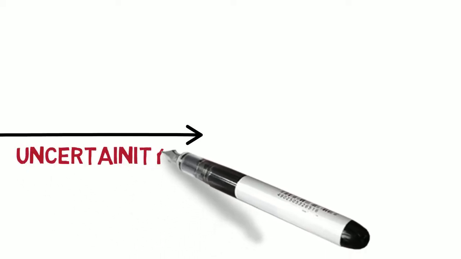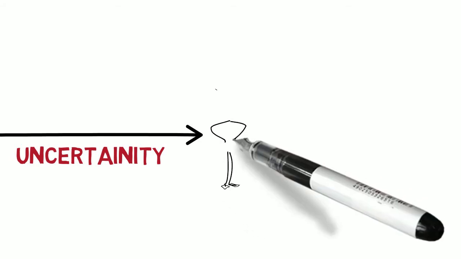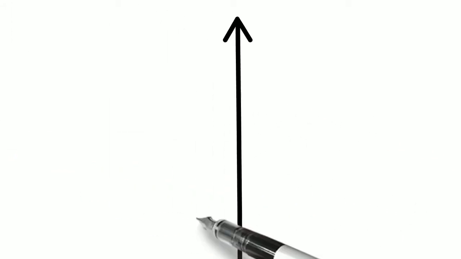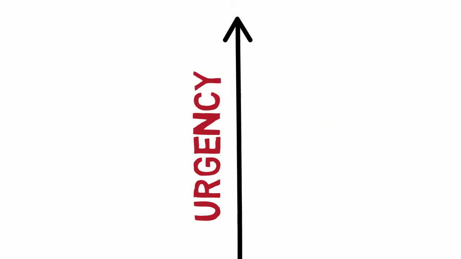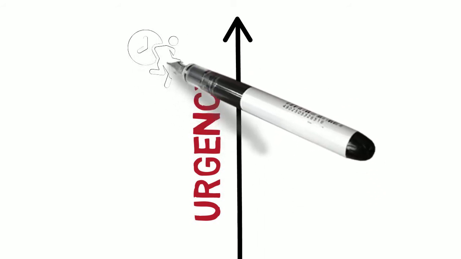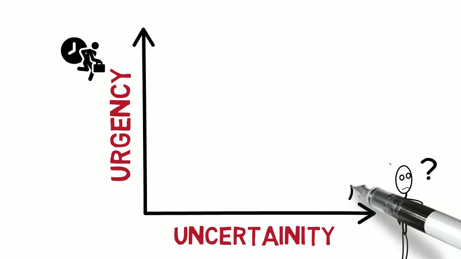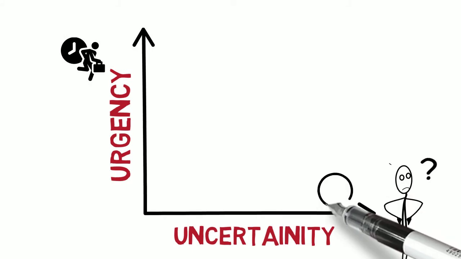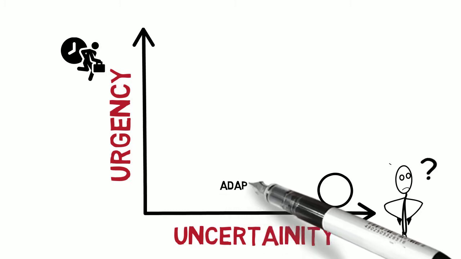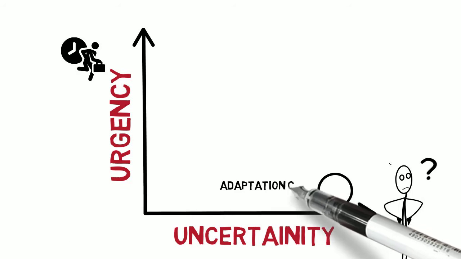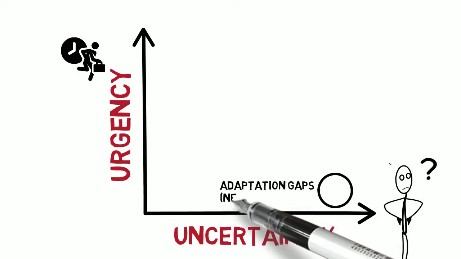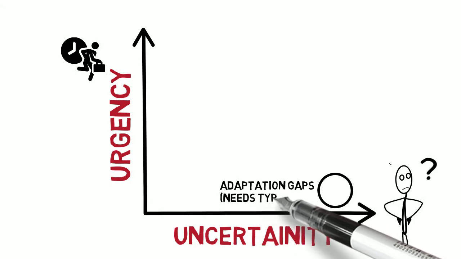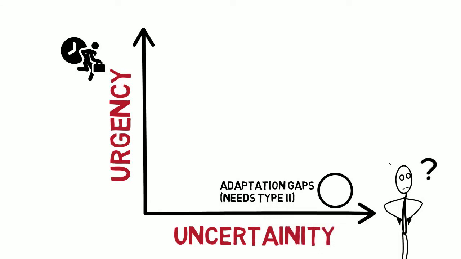One is uncertainty. So we mark the x-axis in this graph with uncertainty and the y-axis with urgency. Now, if we think a little bit and carefully look at our candidates' adaptation of type 1 and type 2, we can immediately see that type 2 adaptation actions have a very high degree of uncertainty compared to type 1 actions, whereas their urgency is relatively low.